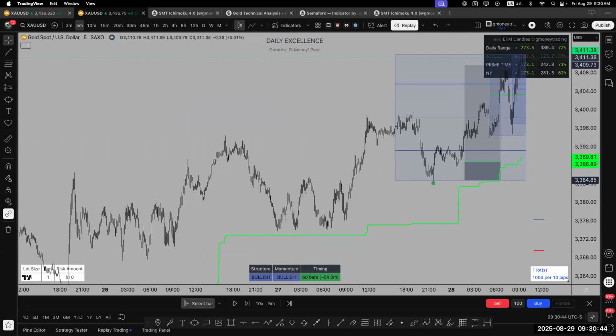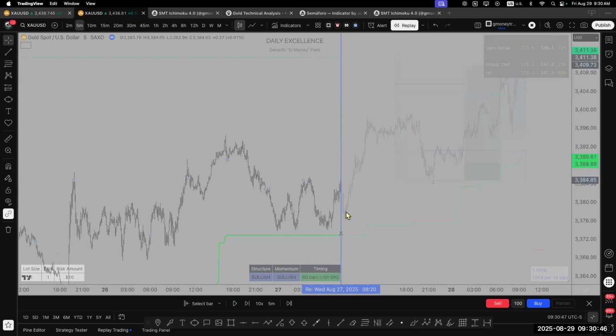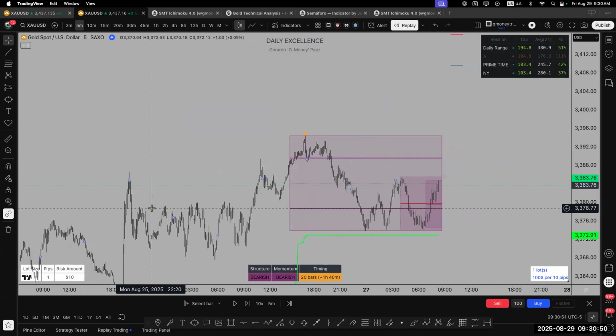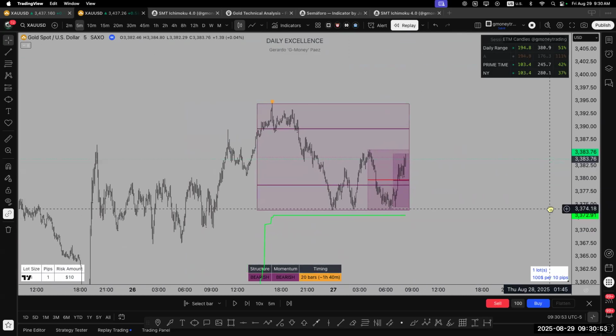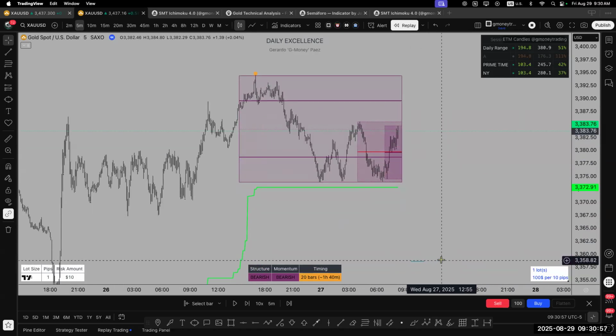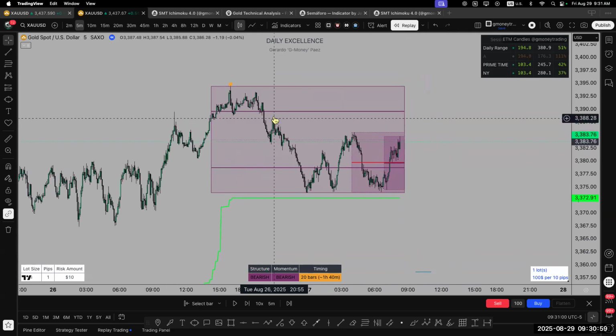Now, here's another perfect scenario on how the momentum, although structure is king, the momentum can control a day. I think on Wednesday, I wanted to buy from a lower area. Was it Wednesday?